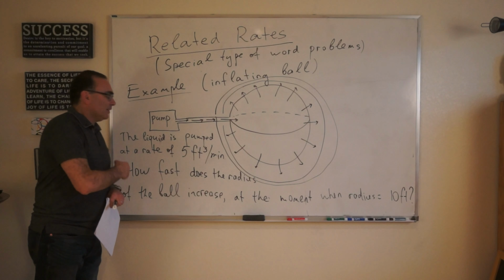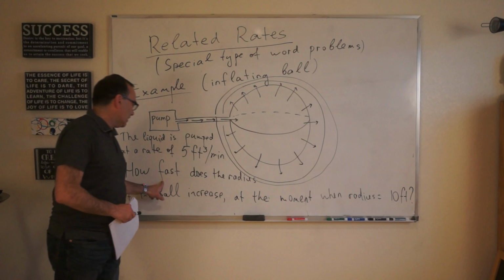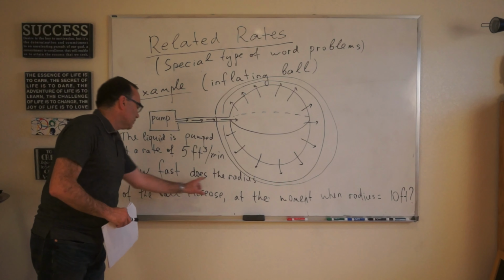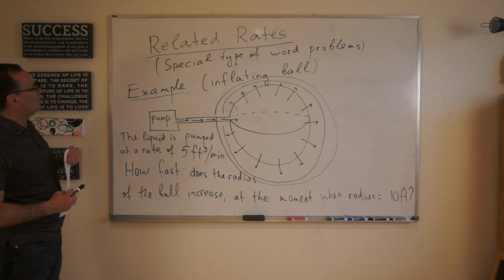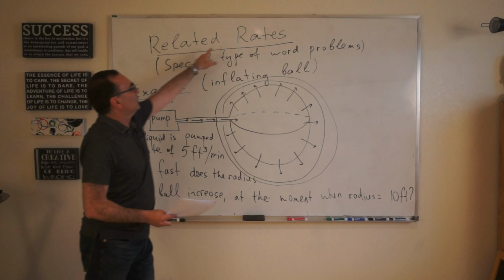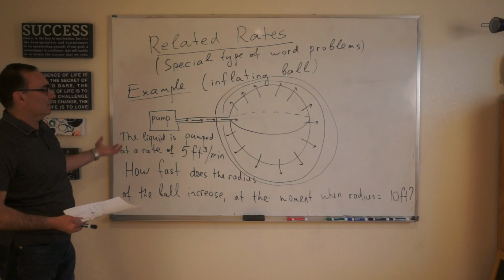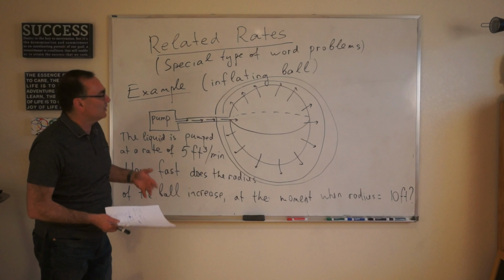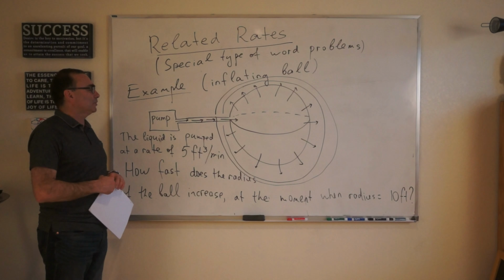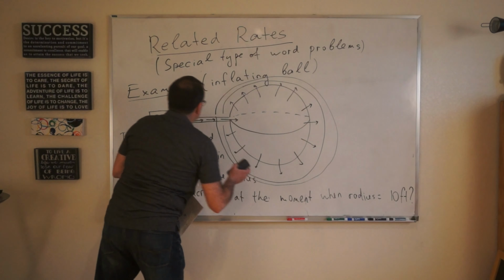Typically, this is expressed in the last sentence: how fast the radius of the ball increases. But since this problem belongs to the type of problems called related rates, and related rates, I explained, is about two quantities.